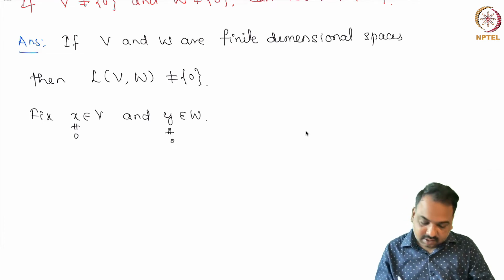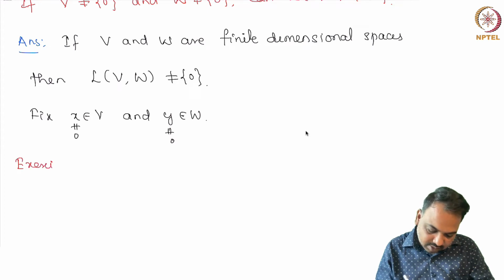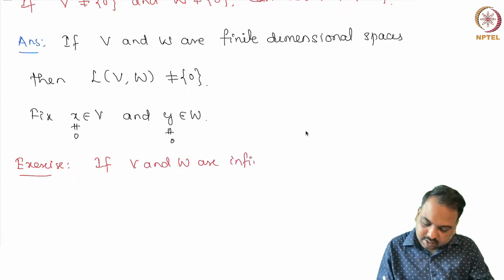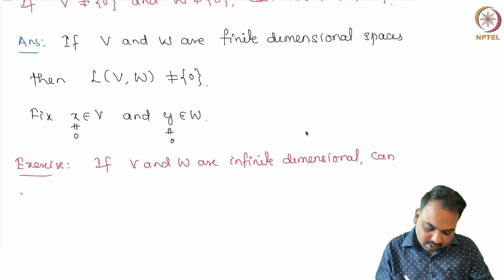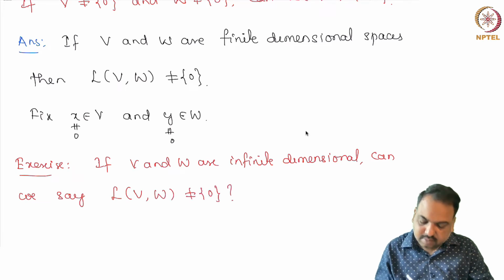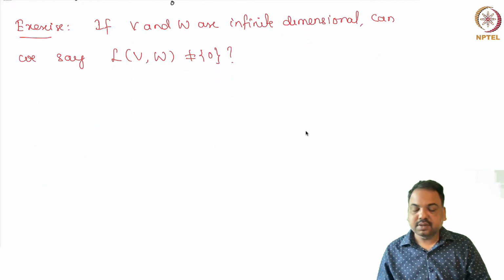Now the question is, what will happen if V and W are infinite dimensional? You can try this one. If V and W are infinite dimensional, can we say the same?